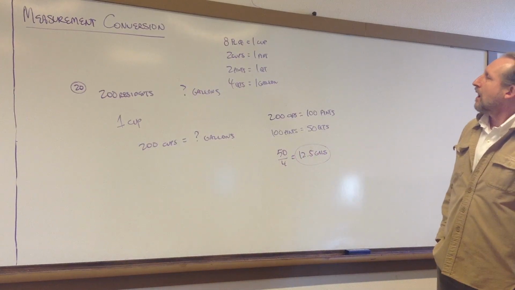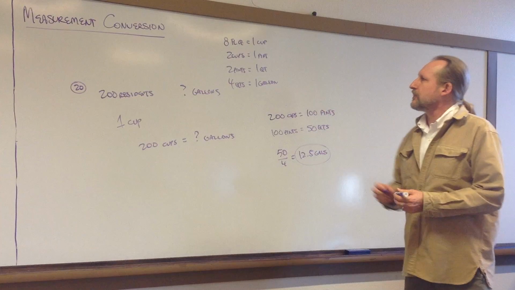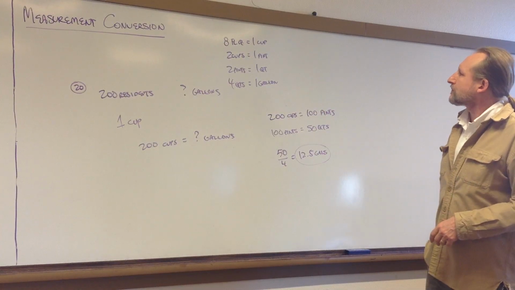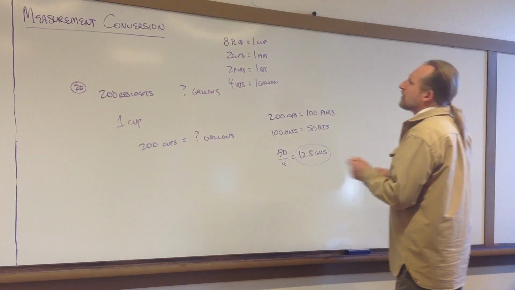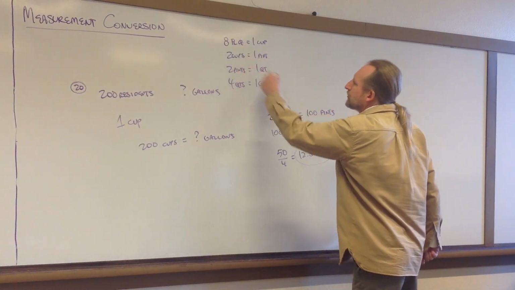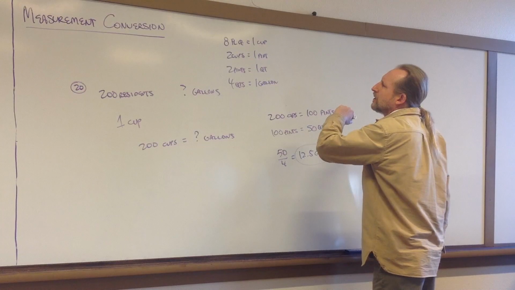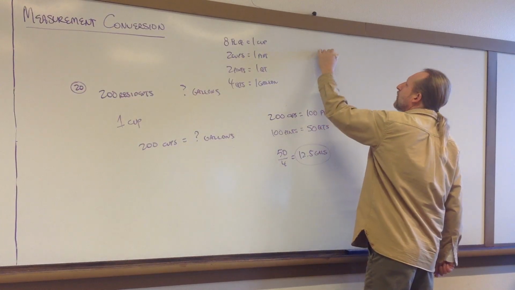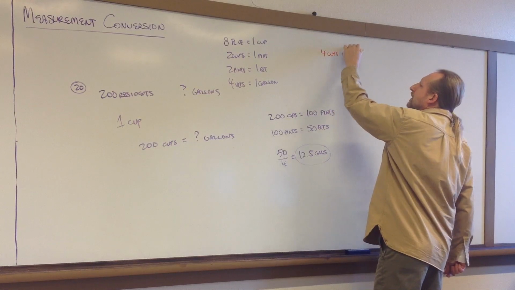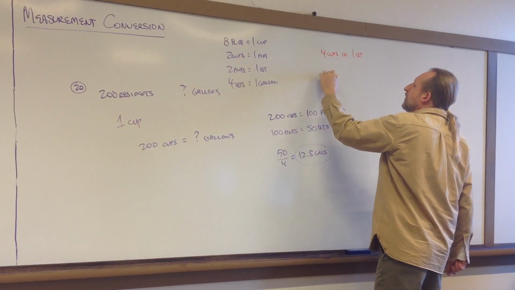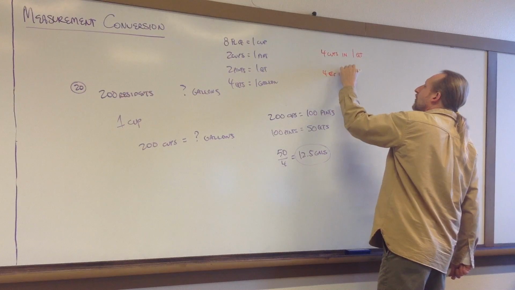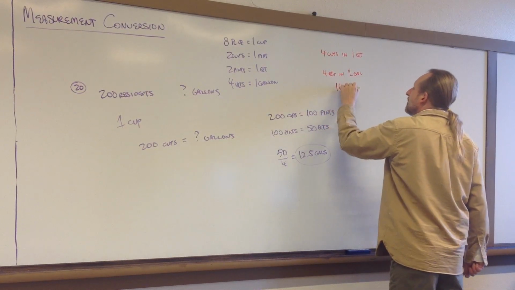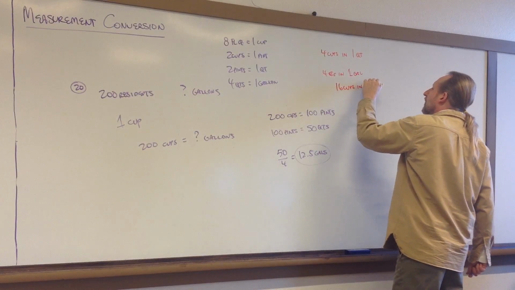Okay? The other thing I was talking about is you could change this all into fluid ounces. Let's see here. There's 2 cups in a pint and 2 pints in a quart. So that means there's 4 cups in 1 quart. 4 quarts in 1 gallon means that there's 16 cups in 1 gallon.